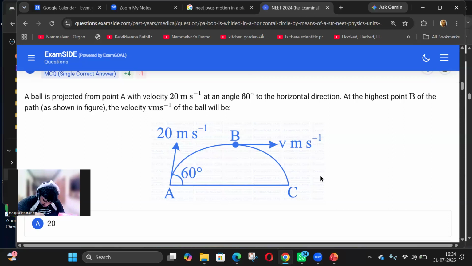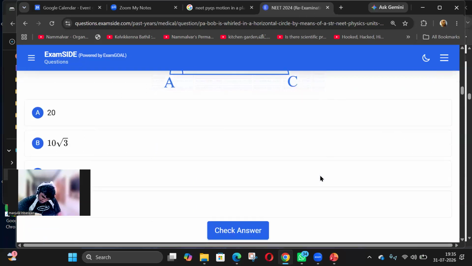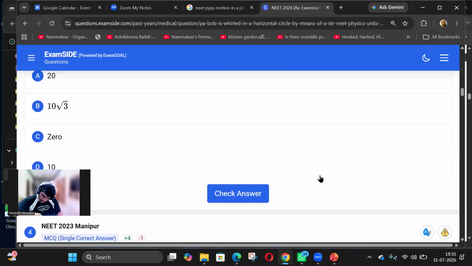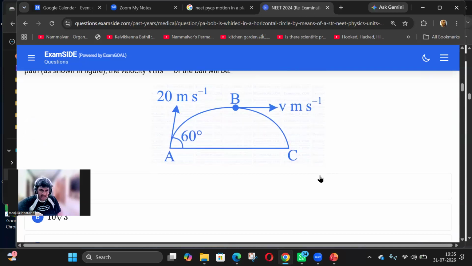U cos theta square. I'm not sure if I'm getting it right, but I'm getting the answer as.